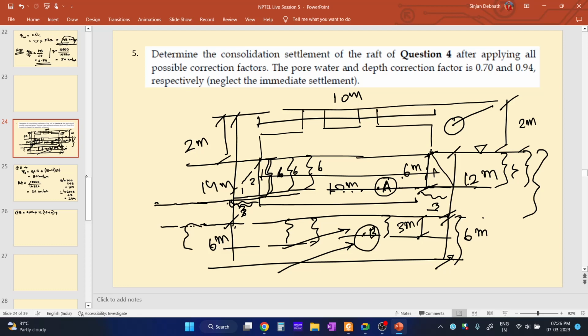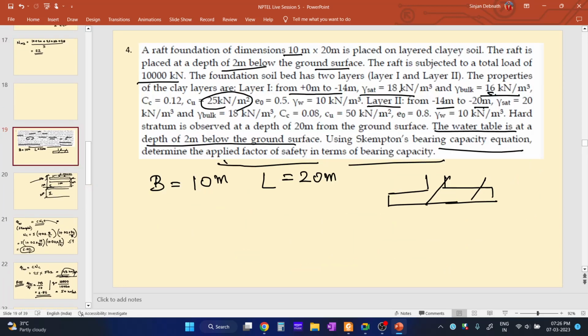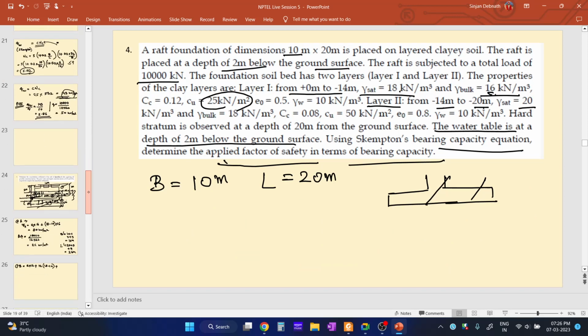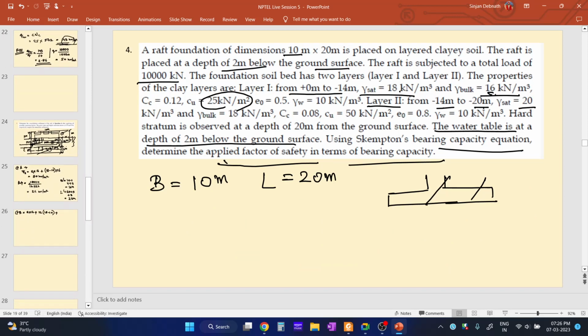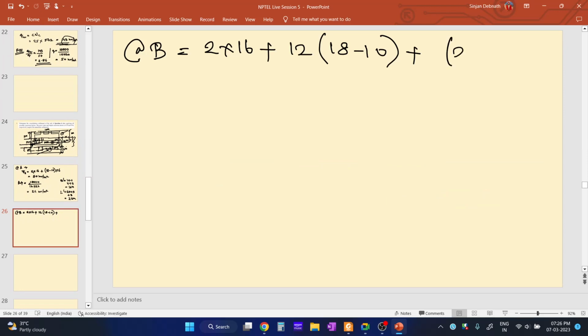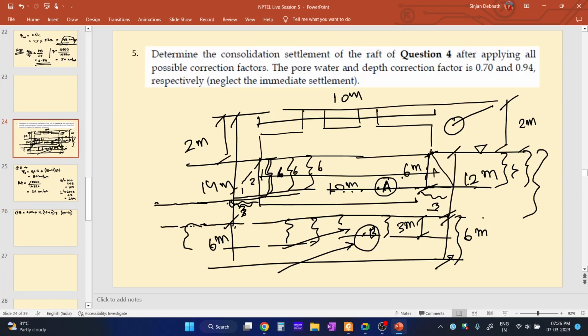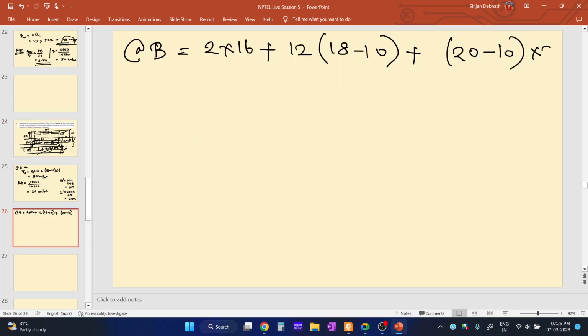The saturated unit weight of layer B is 20. So what will be the submerged? 20 minus 10, into this thickness, which is 3 meters. So into 3.